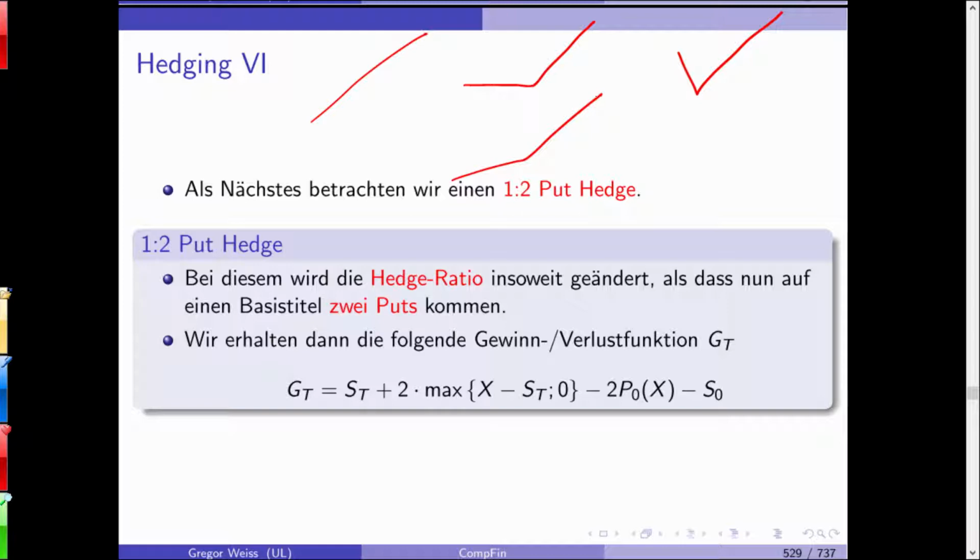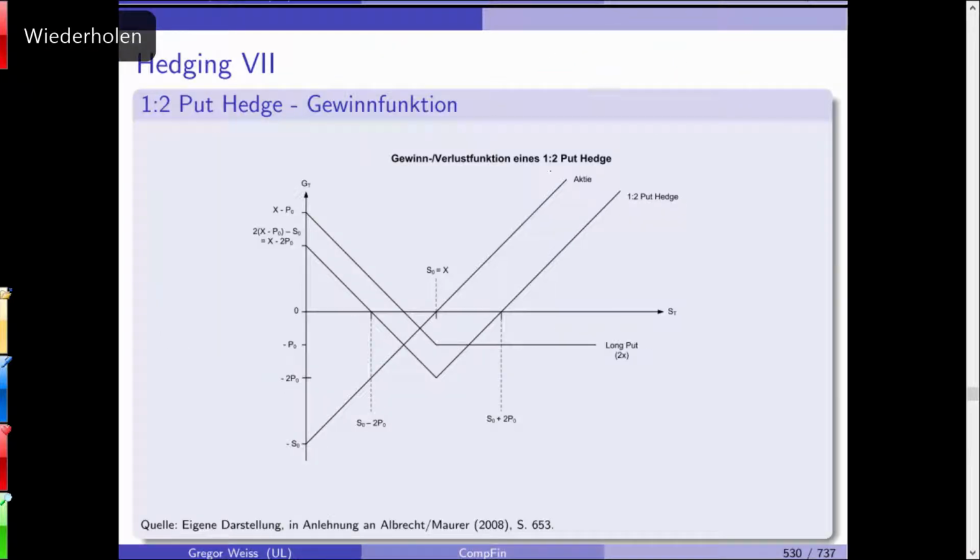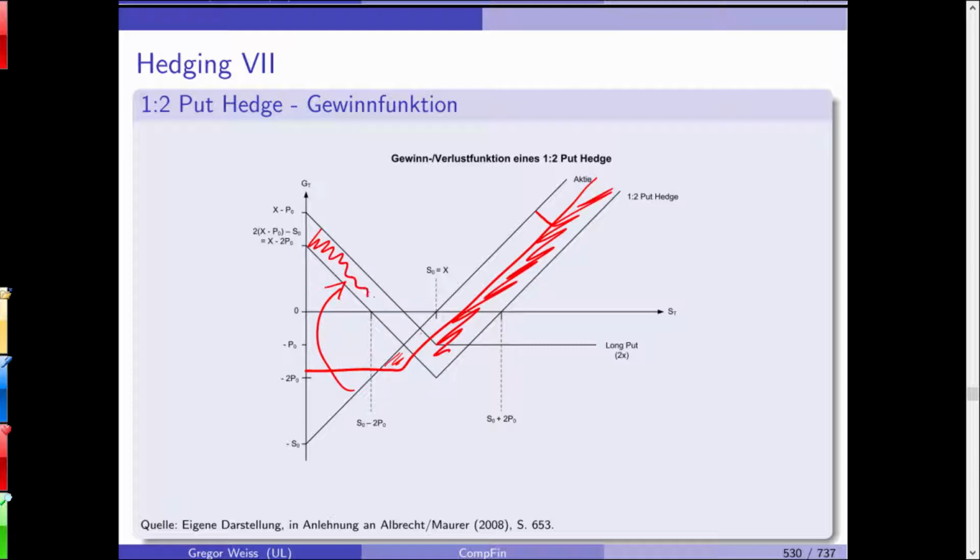Now take a look at this. Here, this is the 1-to-1 put hedge. Again, I told you this is how it's tilted upwards. And I would say this would be the effect of a 1-to-2 put hedge. So you now have to pay more here, but you also have a stronger hedging effect.